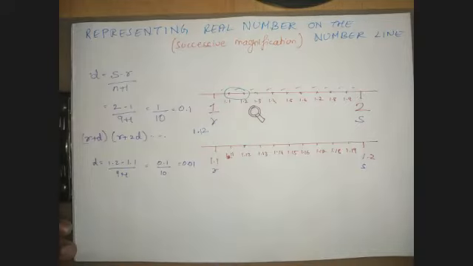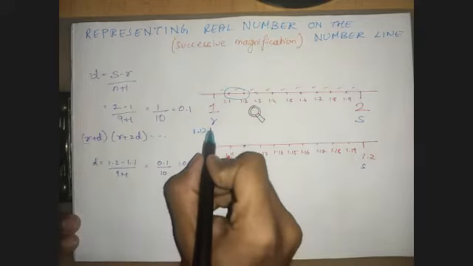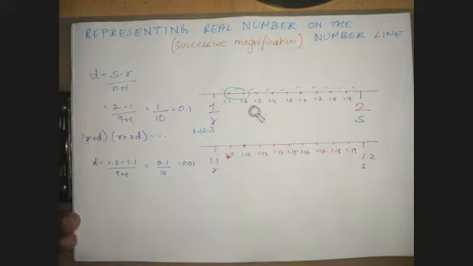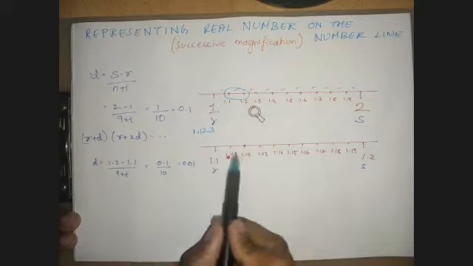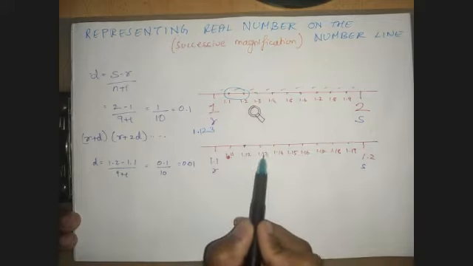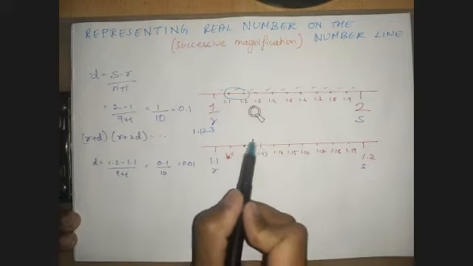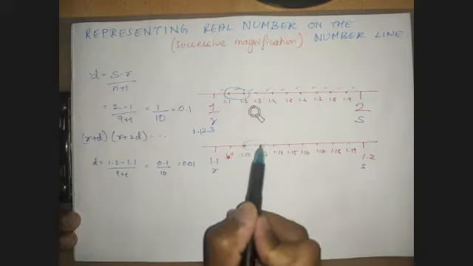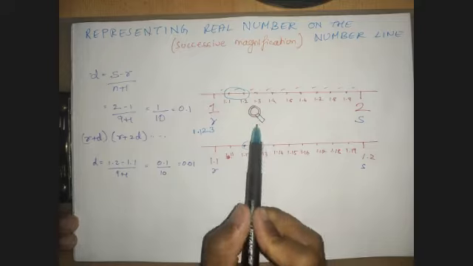1.12 is right here. But let me take, I want to represent 1.123 here. So how do I do that? I know that 1.123 is greater than 1.12 and it is lesser than 1.13. So it lies in this area. Here again, I use the magnifying glass to magnify this area.